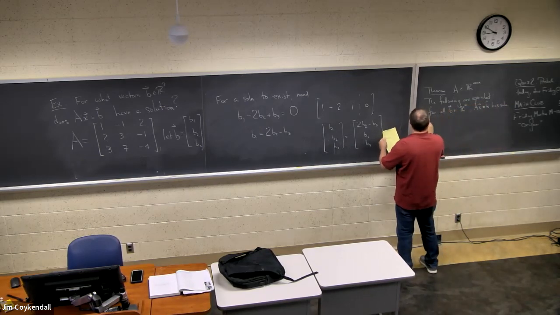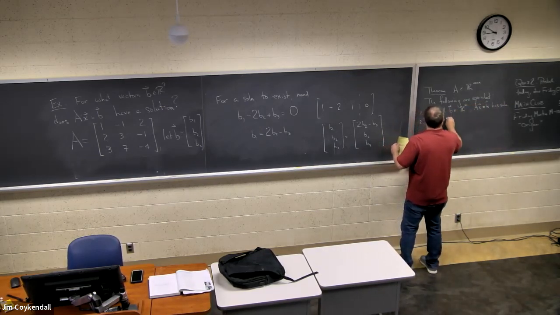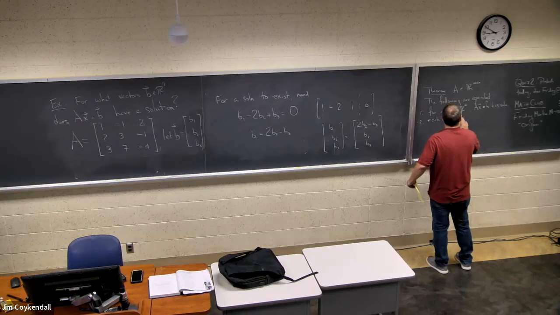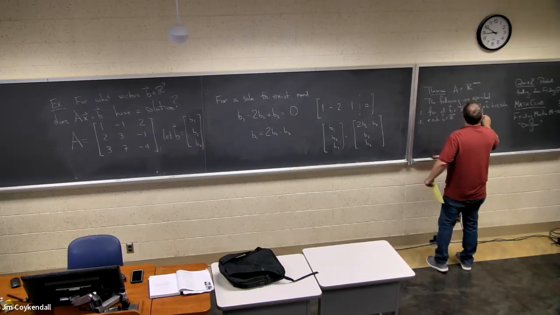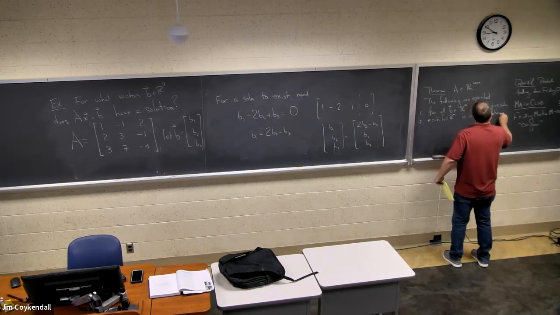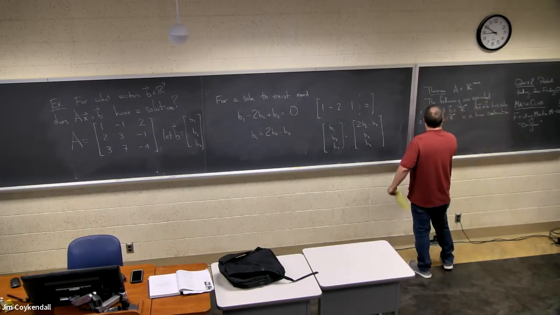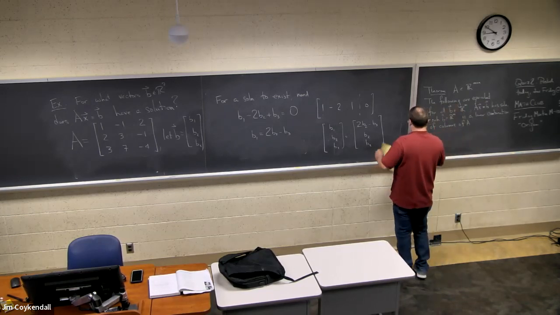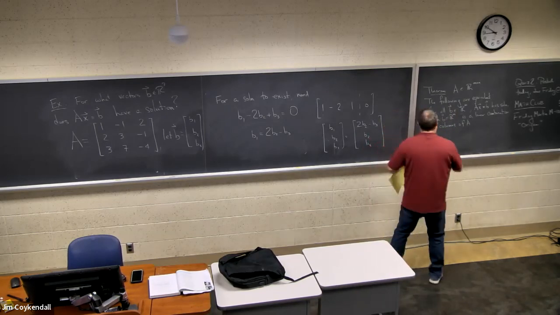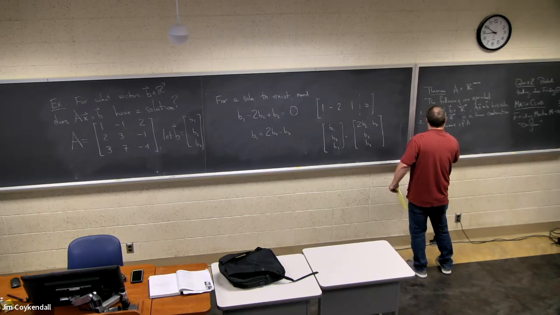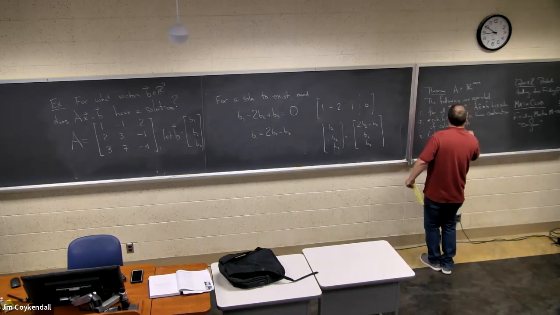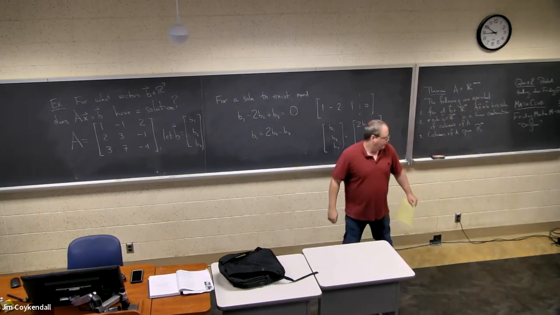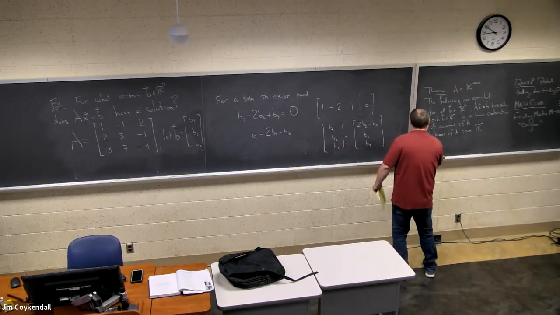Two: if that's true, then each B in Rm is a linear combination of the columns of A. Three, another equivalent condition is the columns of A span, that is to say, every possible m-dimensional vector is a linear combination of the columns.